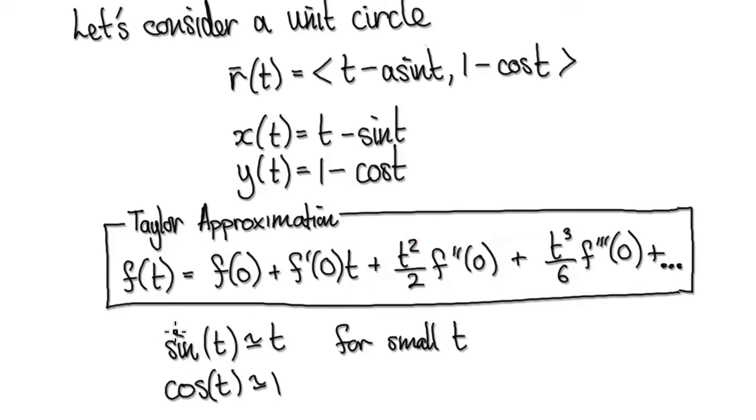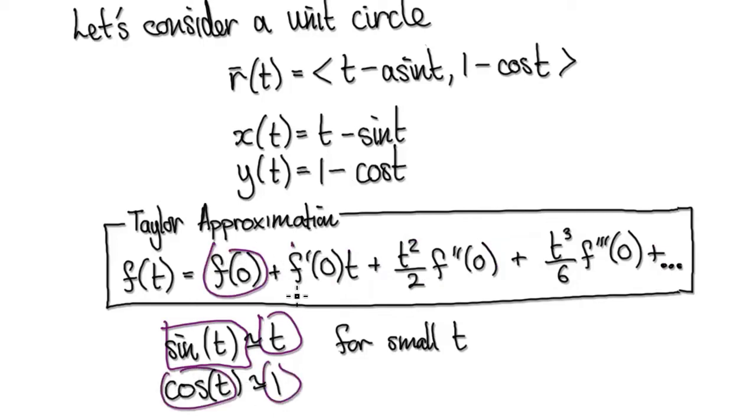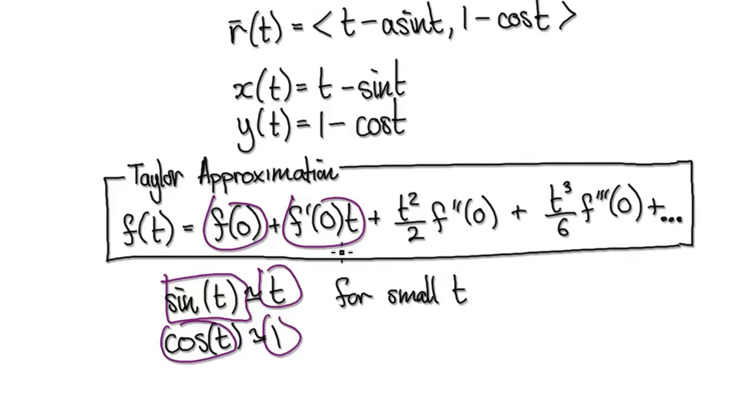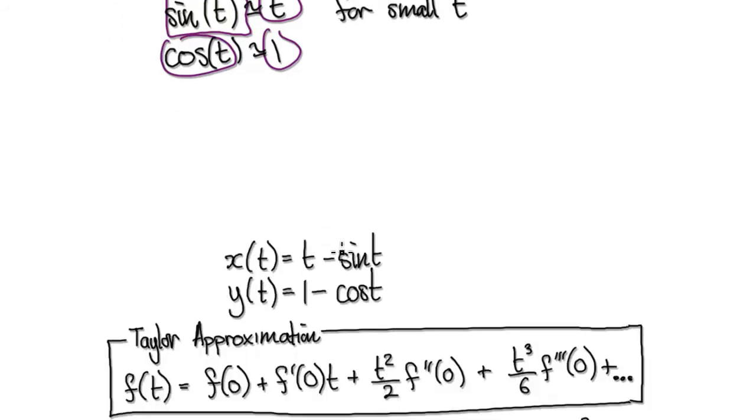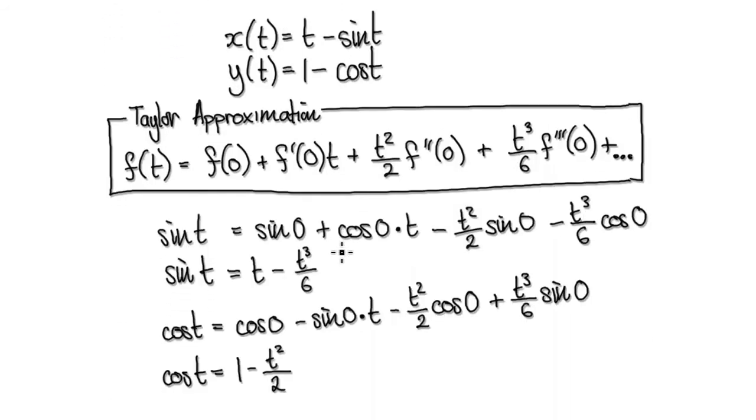So rather than just using sine of t equals t and cos of t equals 1, let's increase the accuracy by looking at more terms. So let's approximate sine. If you want to approximate sine when t is small, this will be sine of 0.